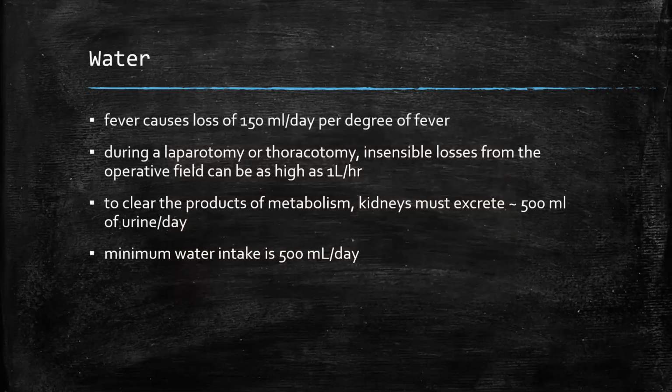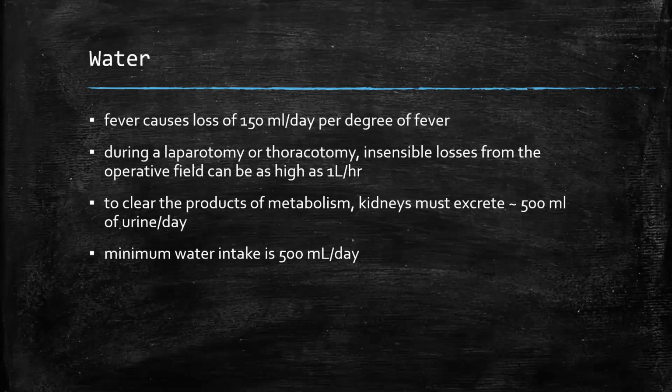There are some circumstances, however, where we can lose more water than we might necessarily suspect in the hospital setting, or I suppose even at home. If you have a bad flu or something, for every degree of fever, you can lose approximately 150 mLs per day. This is pure water. It's not typically electrolyte water.